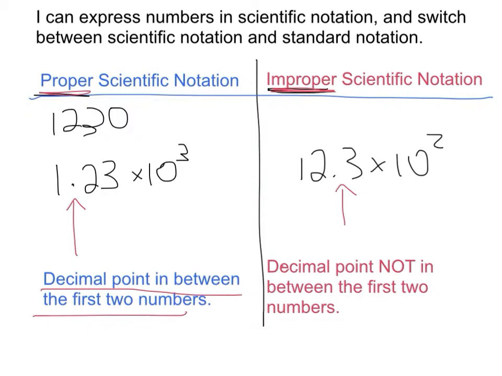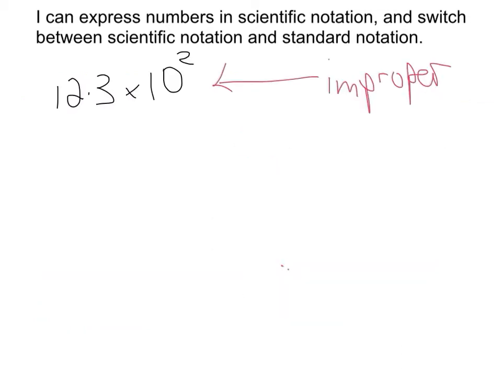So, how can we switch between proper scientific notation and improper scientific notation? Here's how. I have 12.3 times 10 to the second power, and that is my improperly written number in scientific notation. What I'm going to do is make it proper, and here's how.